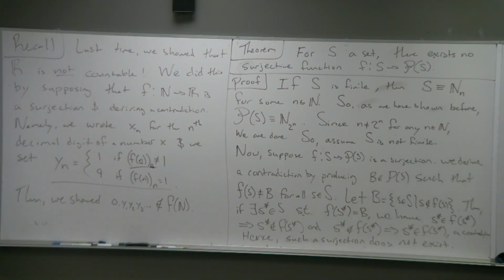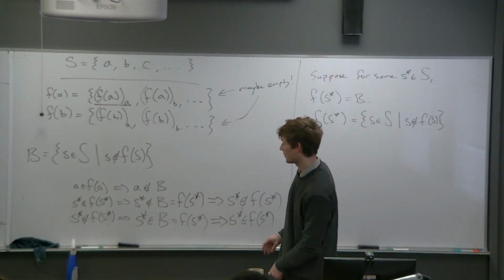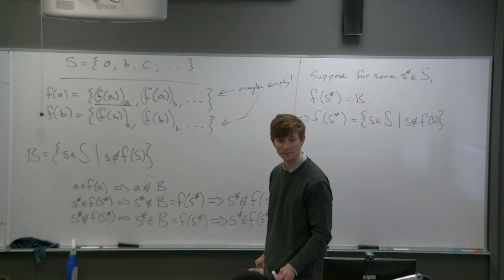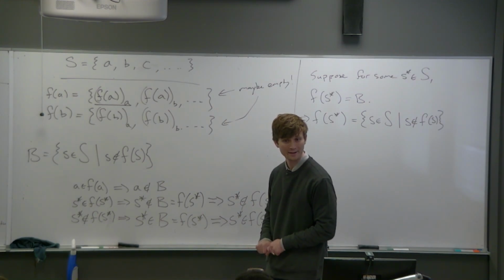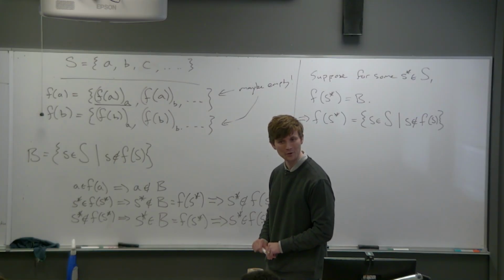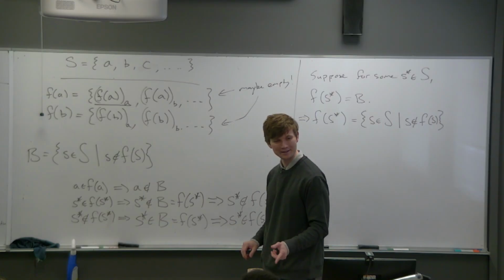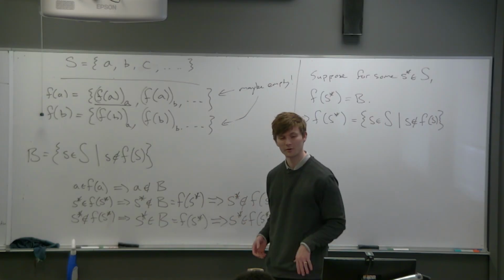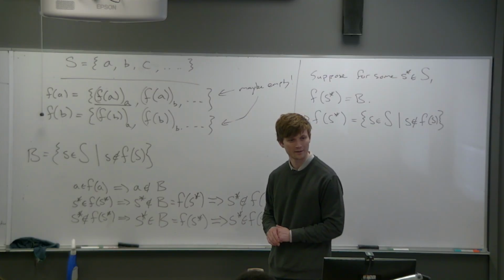Whoa, crazy. Now, if you can't take a surjection from a set to its power set, it certainly means that you can't have a bijection from a set to its power set, right? Now we have a tool that lets you take a set and immediately produce something of higher cardinality.